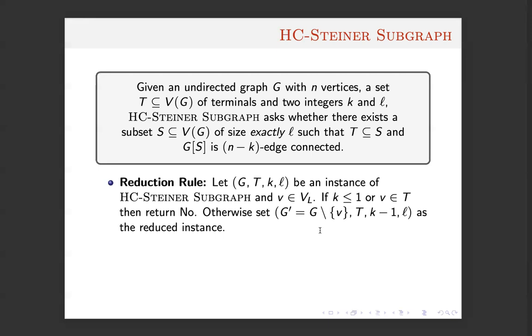It is not very hard to see that the reduction rule is safe. I am not going into the proof of this reduction rule, but after exhaustive application of this reduction rule, we know that there are no low degree vertices left in the graph. So VL is now the empty set.